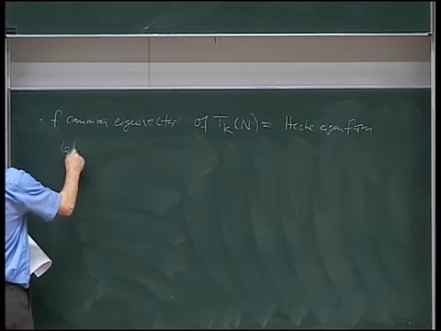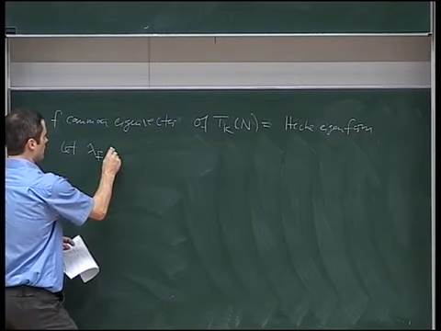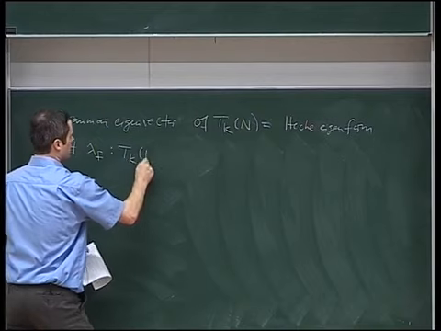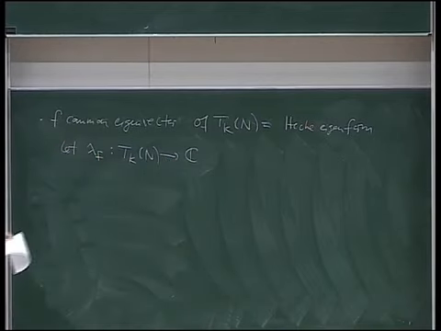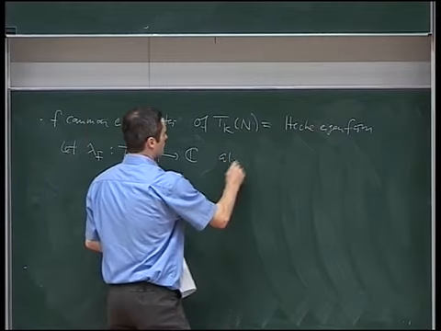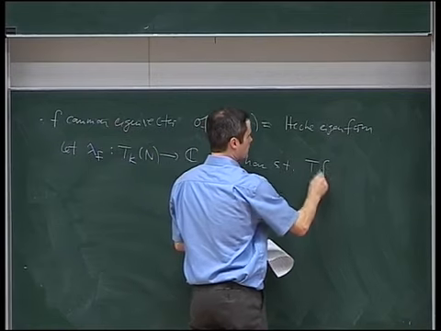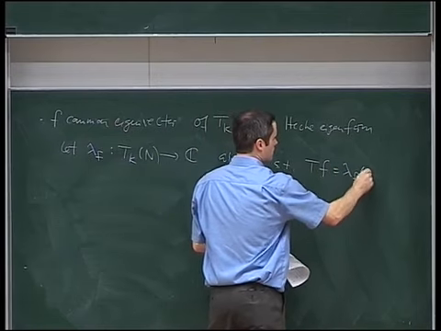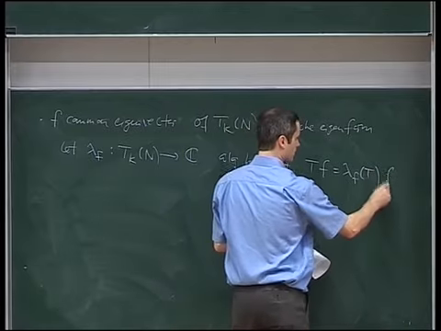And associated to an eigenform, I define an algebra homomorphism from the Hecke algebra to C that maps each Hecke operator to its eigenvalue.